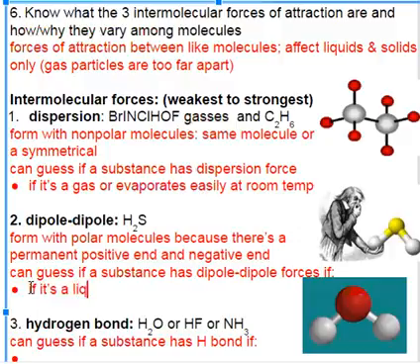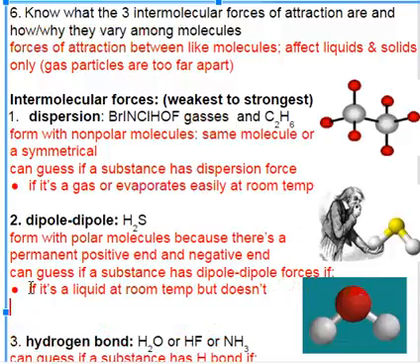If it's a liquid at room temperature, but doesn't evaporate quickly like rubbing alcohol would. If it had a fairly strong dipole, it's possible it could be a solid.